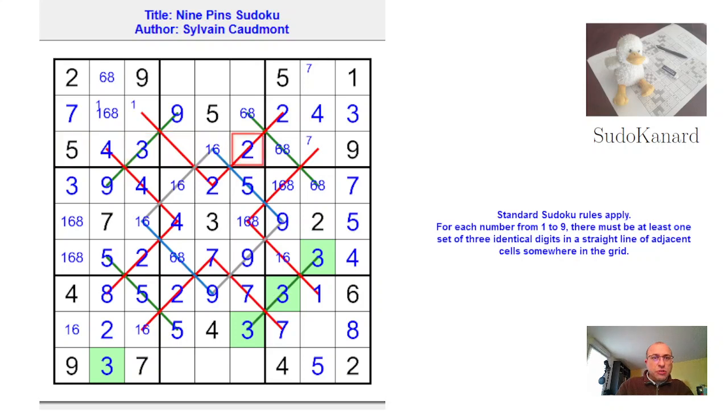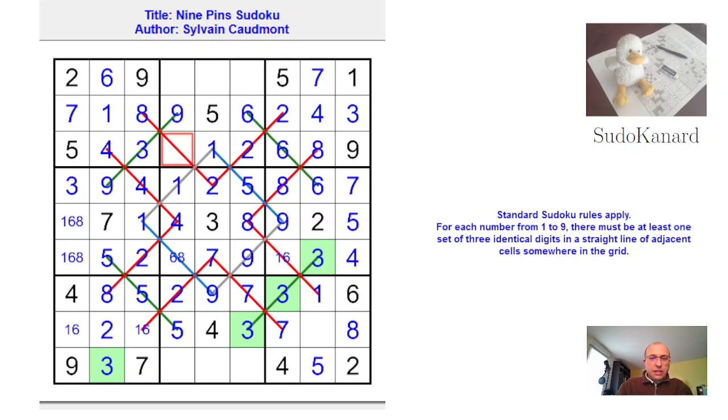Oh, sorry, I need a 2 on this row, and 2 is here. No, sorry, what am I doing? 2 is already here. I need 1, 6, 8, and 7. Oh, but actually by Sudoku, that's an 8. So this is 6, this is 1, this is 6, so the 6 is repeated, the 1 here is repeated, and this is 8, and it can only be repeated in this direction.